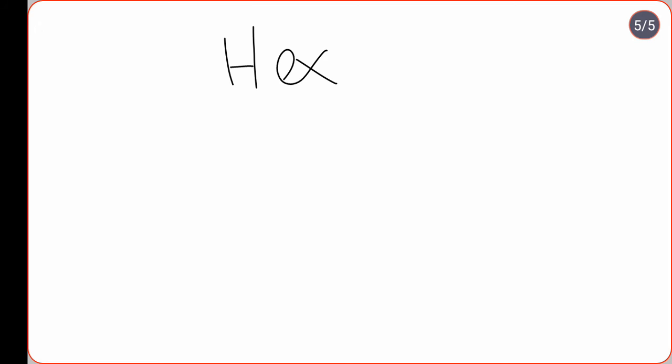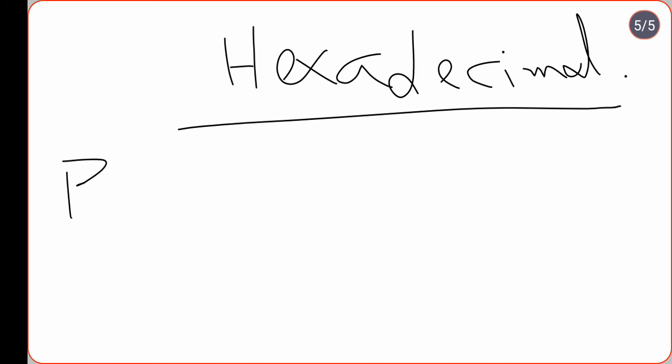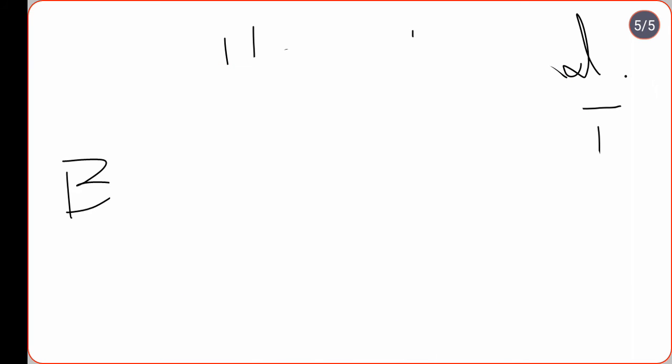Next let's come to hexadecimal. In hexadecimal, the base is 16. So we have 16 digits, 0 to 15. Here we need to remember one thing, that 10 11 12 13, we're not going to write this in hexadecimal, or in this type of systems.